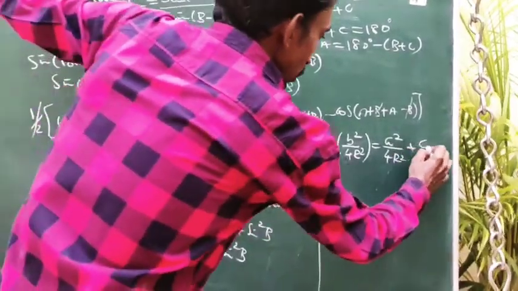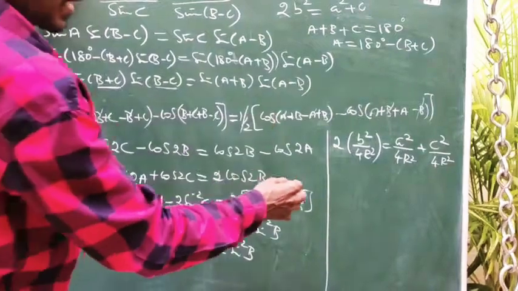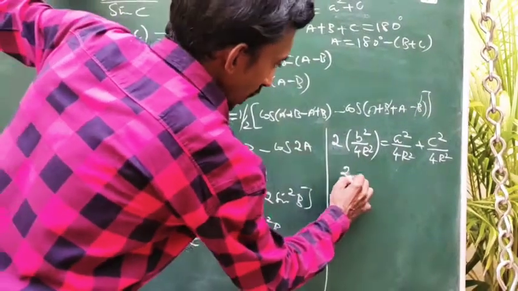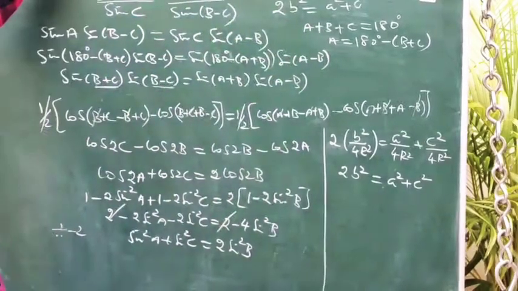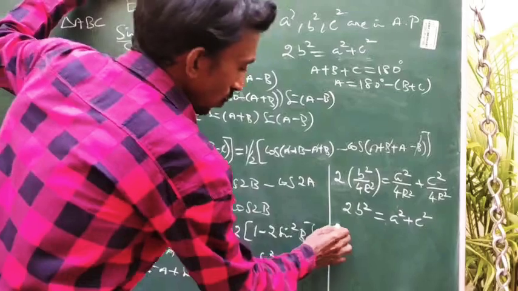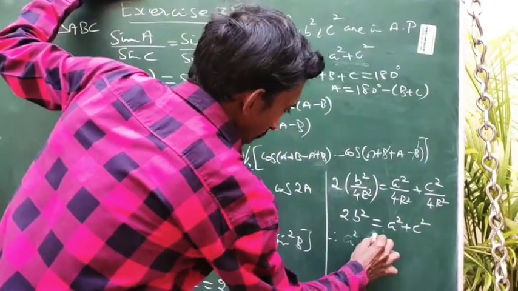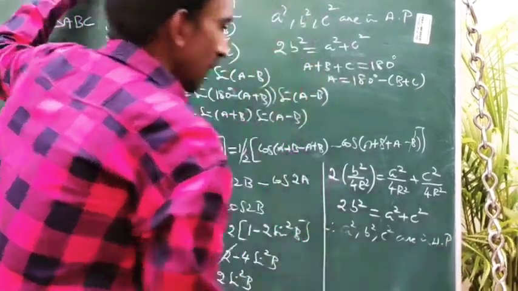Similarly, c square by 4R square. Since the denominators are the same, we can take them in common and cancel. So we get 2b square equal to a square plus c square. Therefore, we can write the conclusion: a square, b square, c square are in AP, arithmetic progression.